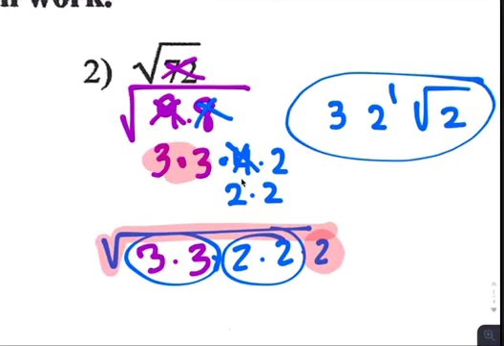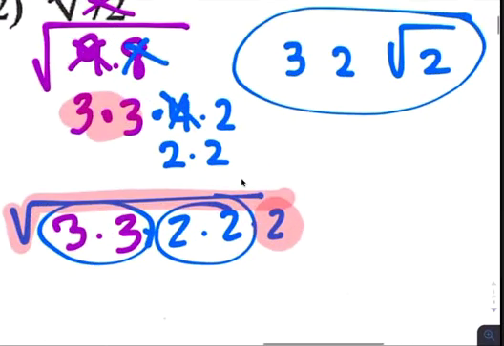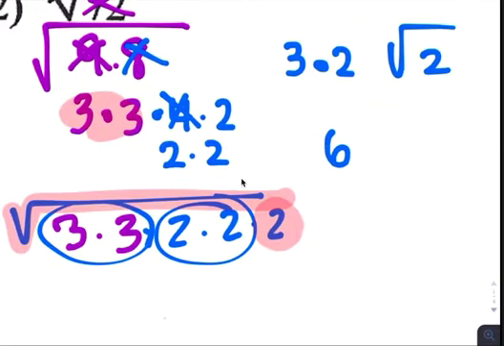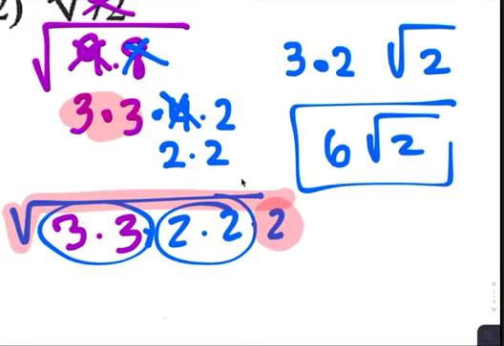Now the invisible exponent can be invisible. So it's 2 times 3, not to the first, times that. You can multiply these 2 together to get 6. So your final answer is not that. It's 6 radical 2.